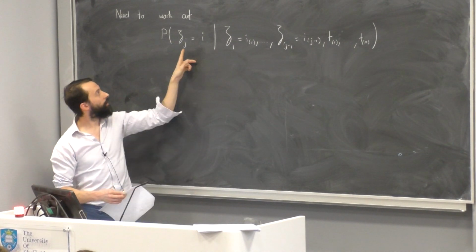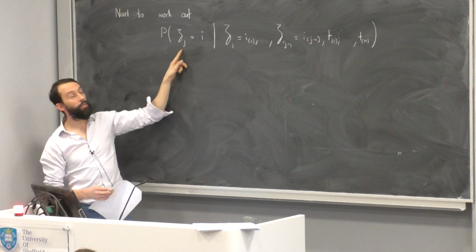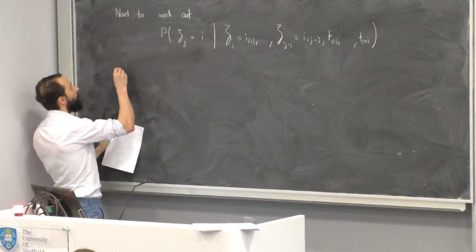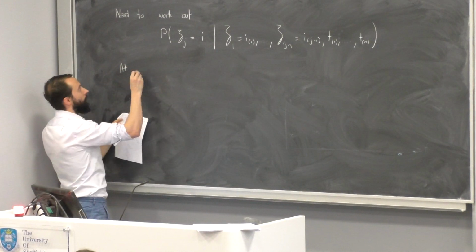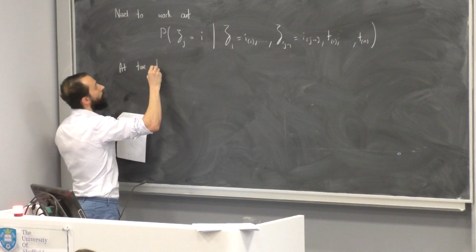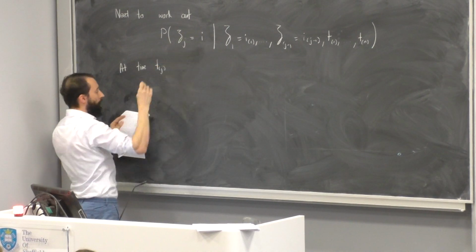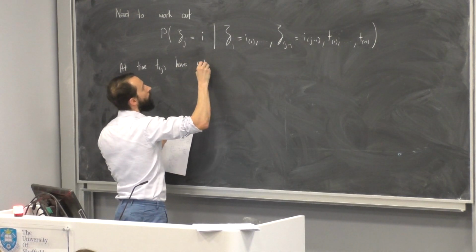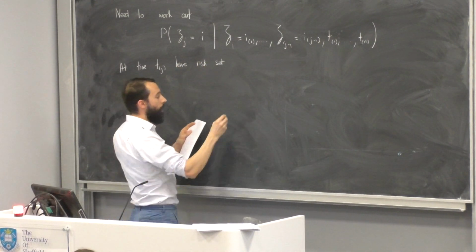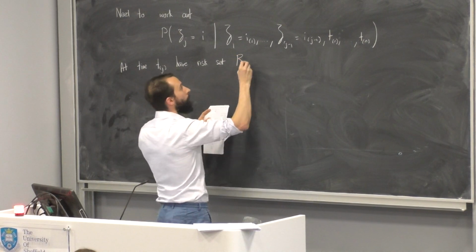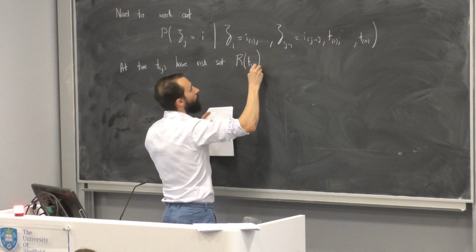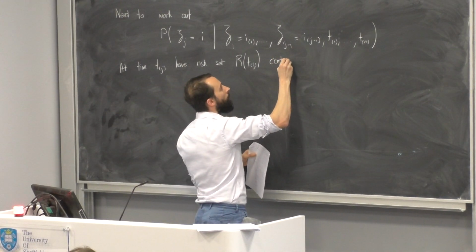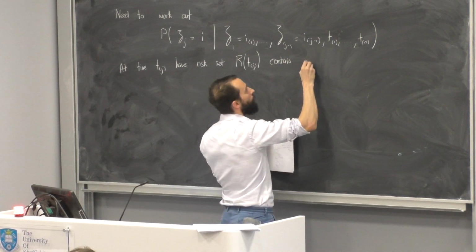At the time just before the jth person to fail, what I'm going to do is think about what my risk set is. So at time tj, so basically that's when this happened, we have a risk set Rj, the risk set at time tj, which is going to contain all the individuals who could still fail.